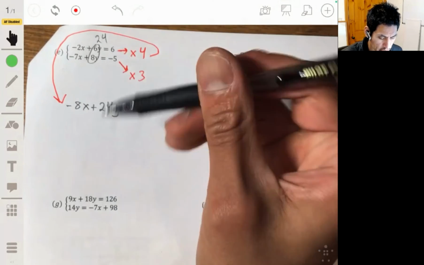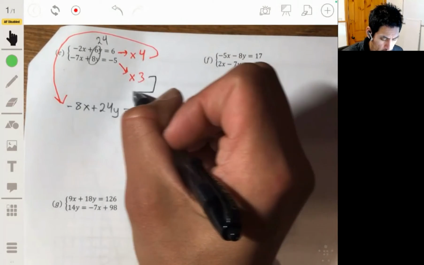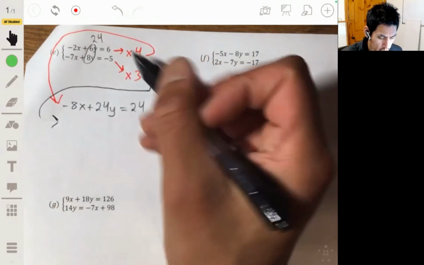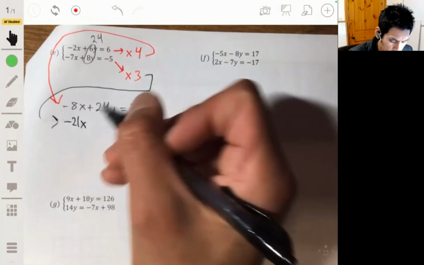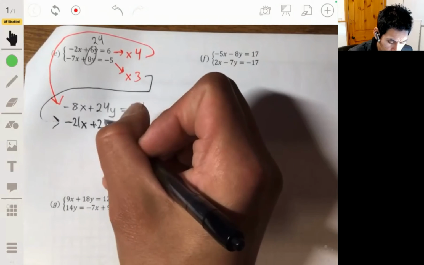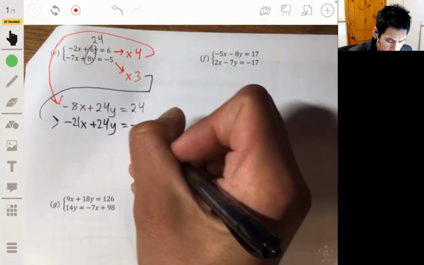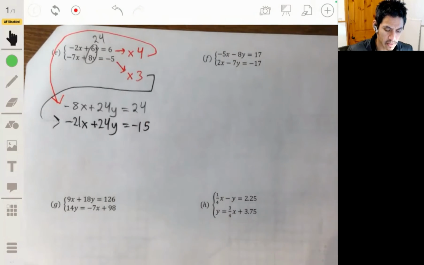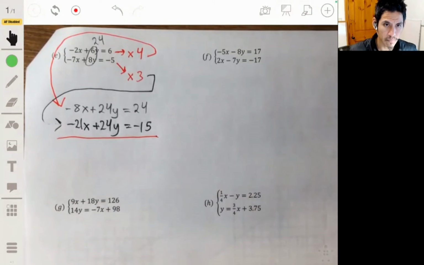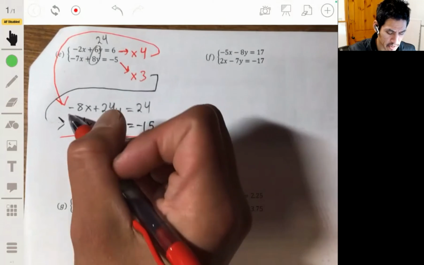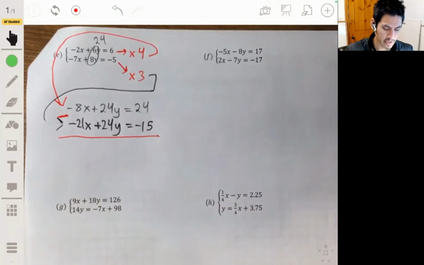Multiplying everything in the bottom equation by 3, I'm going to get negative 21x plus 24y equals negative 15. Equation bar. And I'm going to subtract these because I can get rid of these 24s by subtracting them.